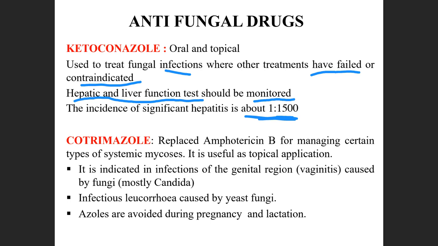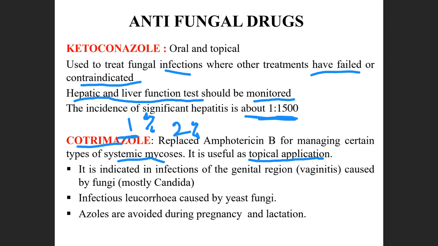Clotrimazole replaces amphotericin B in managing certain types of systemic mycosis and is useful in topical applications. Clotrimazole is available in the hospital as 1% or 2%, which are the more common strengths for fungal infection.